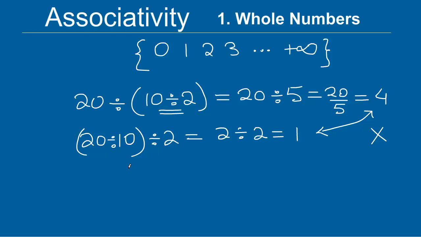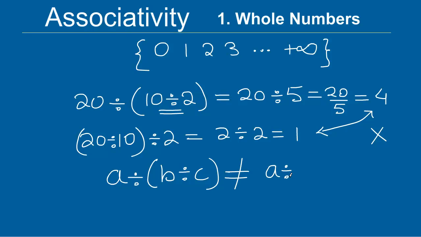So we see that when it comes to division, A divided by (B divided by C) is not equal to (A divided by B) divided by C. So we say that division is not associative.